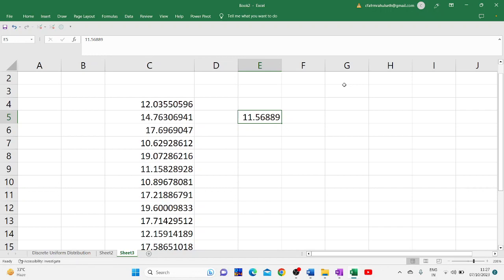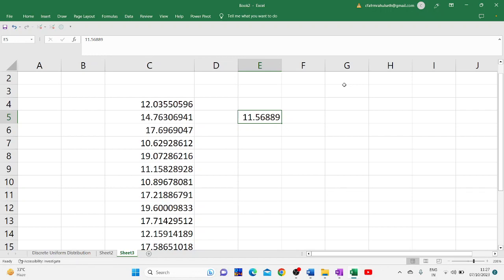This does not mean that getting this number is an impossible event. It's very much possible. But the problem is that it's very hard to measure the probability of getting this number. And since it's very hard, we assign it a probability of 0. So we can't measure the probability of a very specific outcome in a continuous distribution.